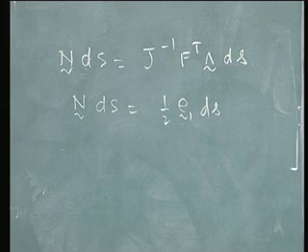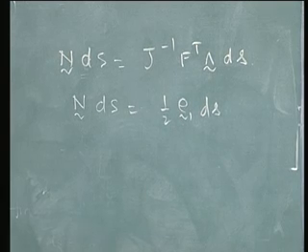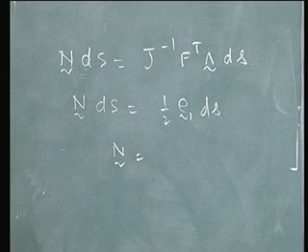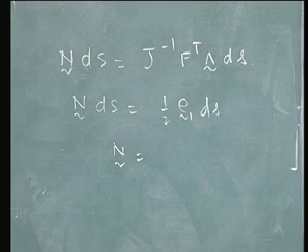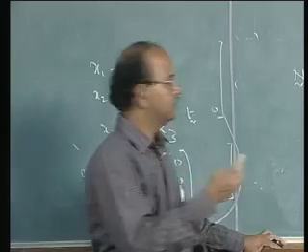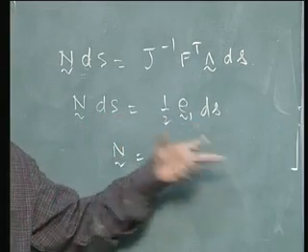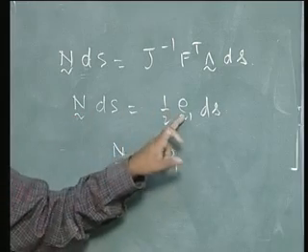So what is N? It is the unit vector along E1 which is equal to E1 itself. So ds is half of ds, because E1 is a unit vector.